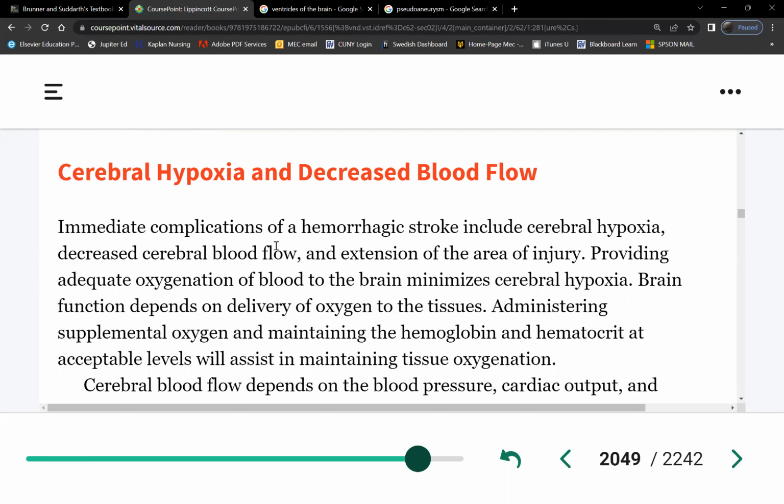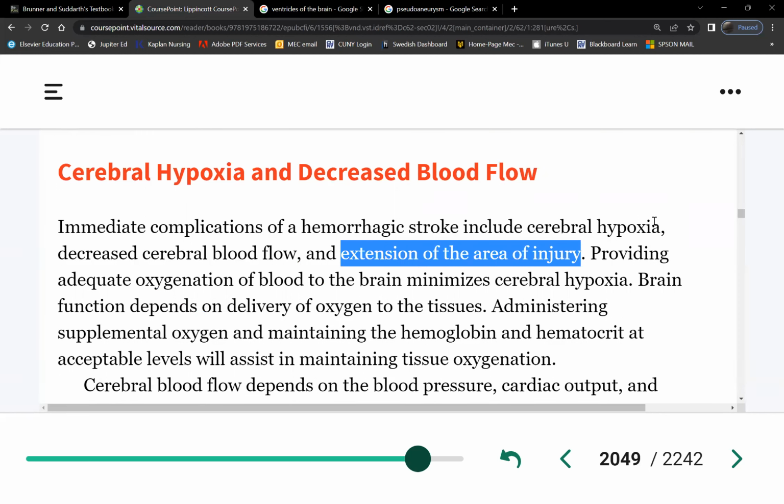So this is a secondary injury. Therefore, this is an extension of the primary injury. So this will make the patient's prognosis worse. So the patient's problem isn't limited to the primary hemorrhagic stroke. So the patient will develop, we'll consider this number 2, cerebral hypoxia and decreased blood flow.